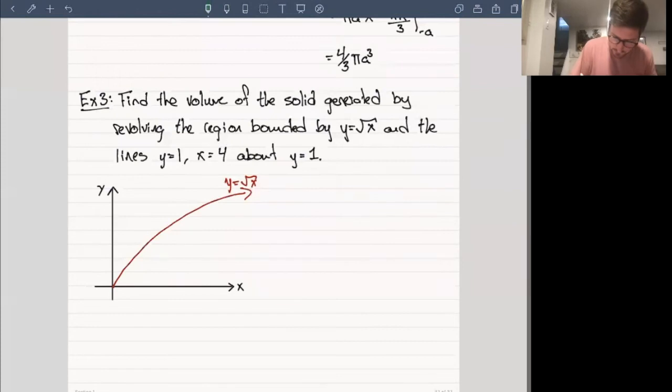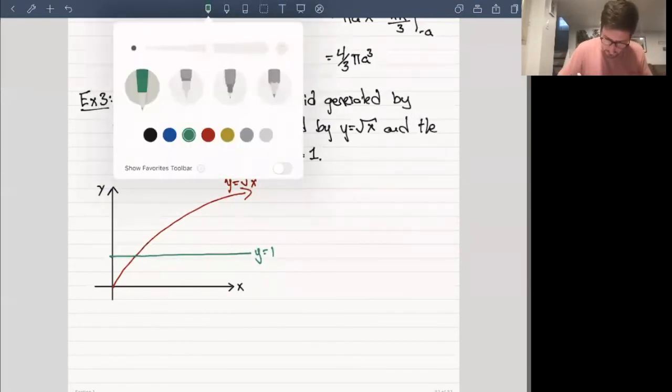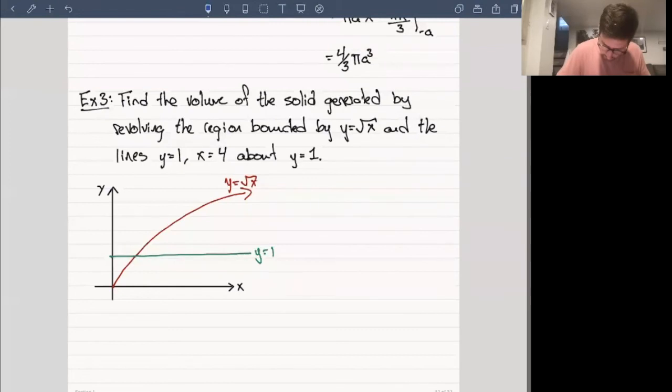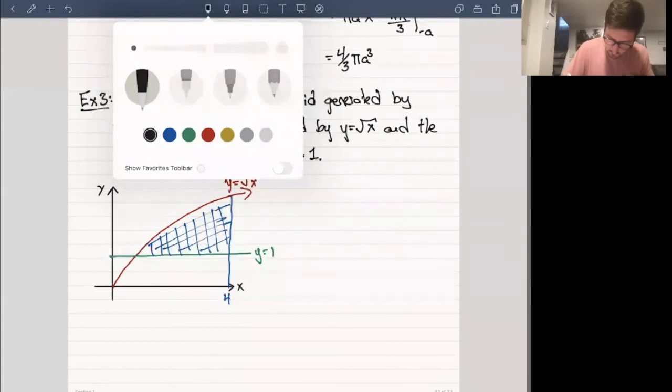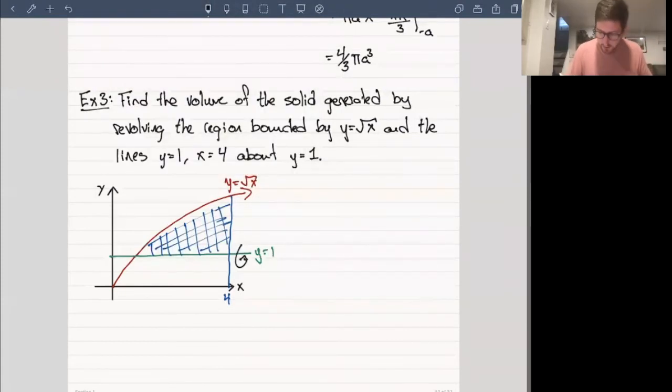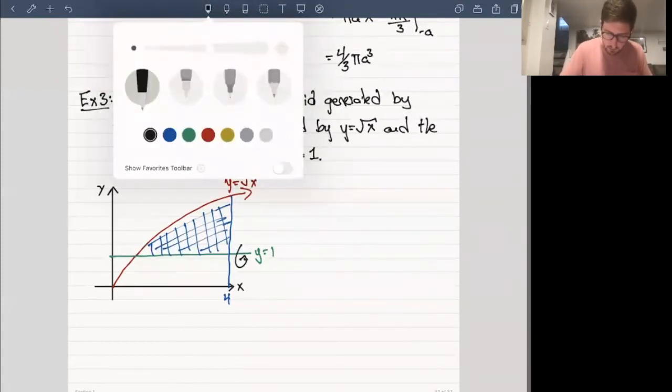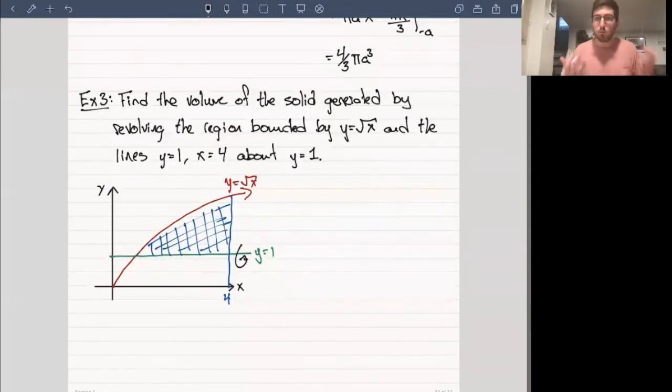And in this case, the region is bounded by y equal to 1 and x equal to 4. And this region right in here is what's going to be revolved. And it's going to be revolved around y equal to 1. So the question is, what is the radius of this object?